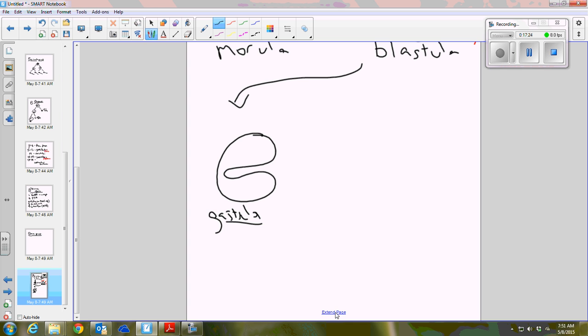And so you have this hollow space, which is called the archenteron, and this is going to become the digestive tract. And there's two tubes that are being made, all right? And you have the deuterostome, which deutero means second, stome opening, so this is your second opening.